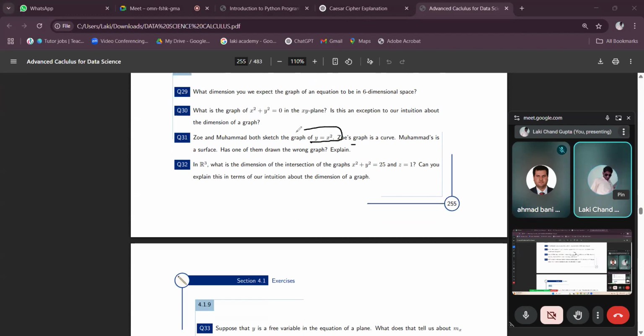Sketch a graph. What is a graph? One is a curve and one is a surface. Both draw the same graph, right?